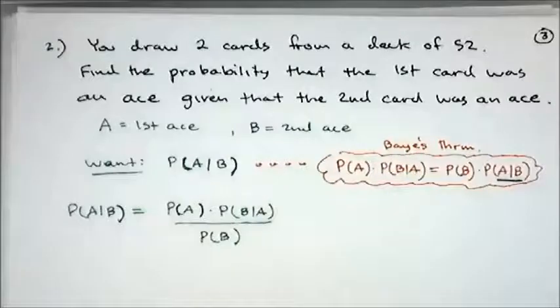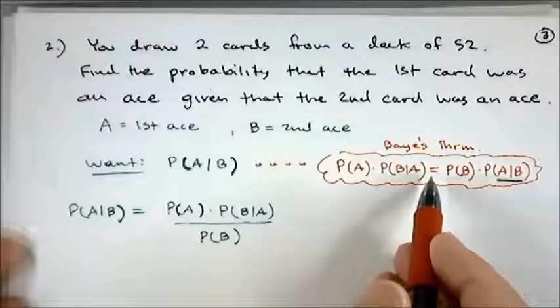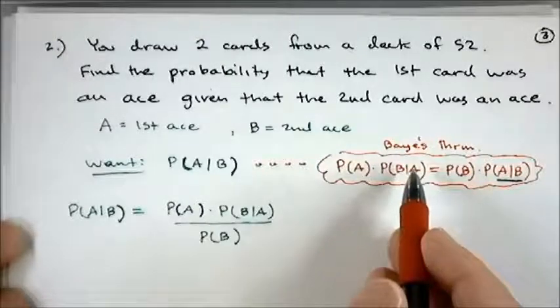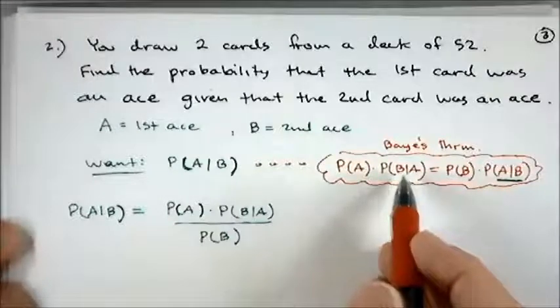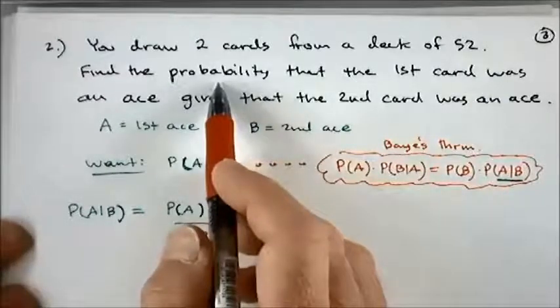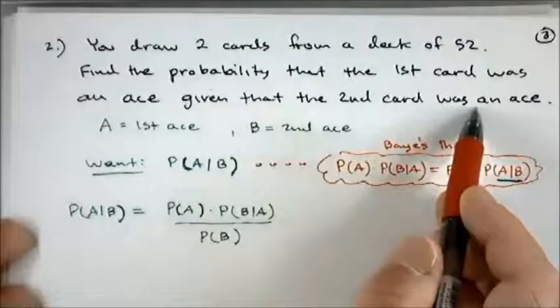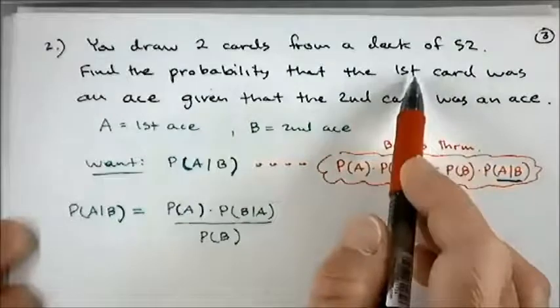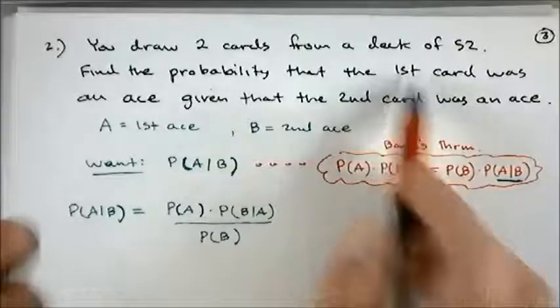One of the characteristics that tells you you're going to want to do this is when you're trying to find a probability of something that would have happened earlier. For example, we know that the second card was an ace, but we're trying to go back and figure out the probability that the first card was an ace. So you're going kind of back in time.